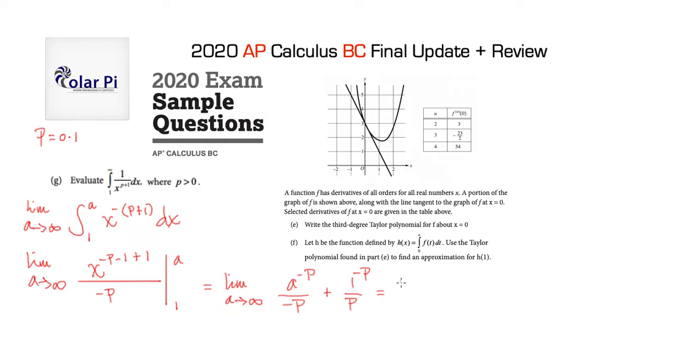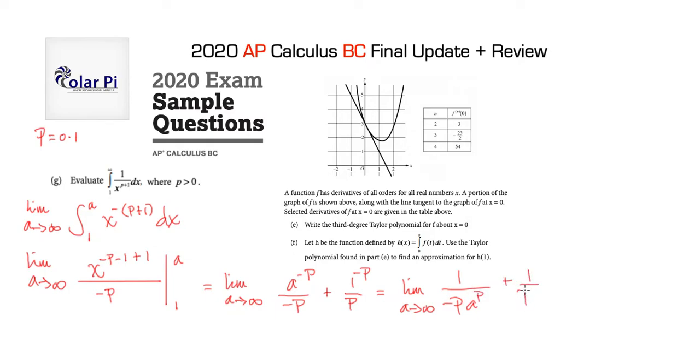Okay, so 1 to any power is just 1. So this is the same as the limit as a goes to infinity of a to the minus p. Since we know that this is a negative number, we could put it downstairs: 1 over minus p times a to the power of p, and then plus 1 over p.